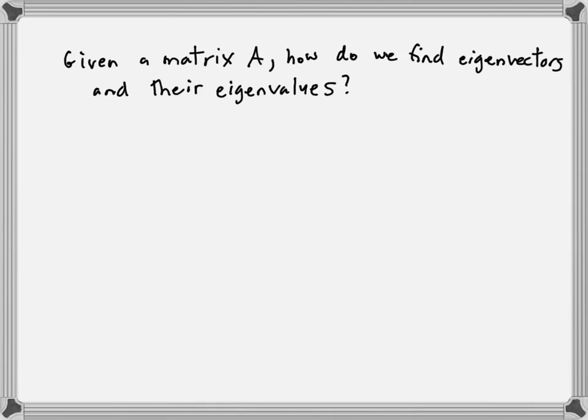So here is the trick. We know that this is the equation that we care about, right? AV is equal to lambda times V. Okay. What does this mean? Okay, this actually means the same. So this means the same as AV minus lambda V equals the zero vector. Okay.